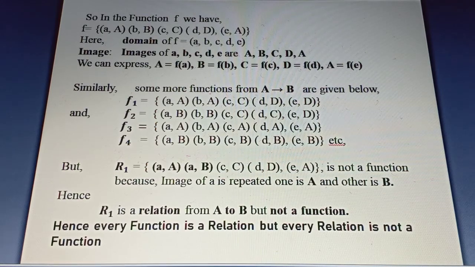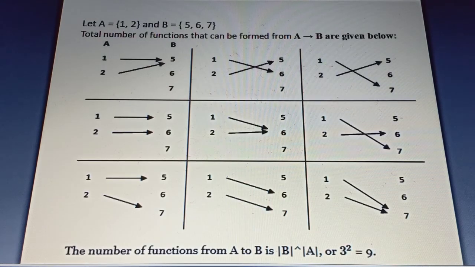And now I'll discuss the concept of function using arrow diagram. You can see how many functions are possible from A to B in a particular set. Here set A is taken as 1, 2 and B is taken as 5, 6, 7.